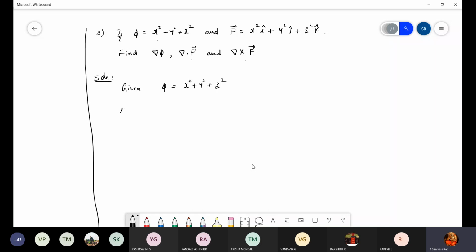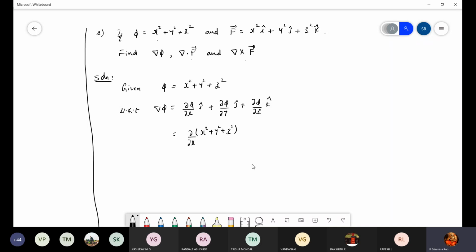First write the formula. We know that grad phi equals dou phi by dou x i cap plus, it is a vector, dou phi by dou y j cap plus dou phi by dou z k cap. Okay, so better you substitute, because it is a combination of gradient, divergence and curl. We will substitute phi now here. You can differentiate directly also. So better you substitute x square plus y square plus z square. See, you have to differentiate all three.